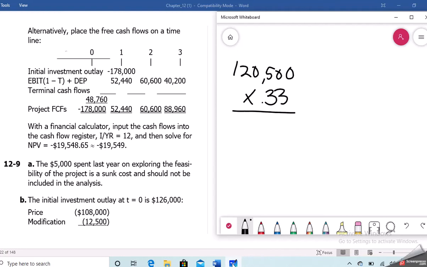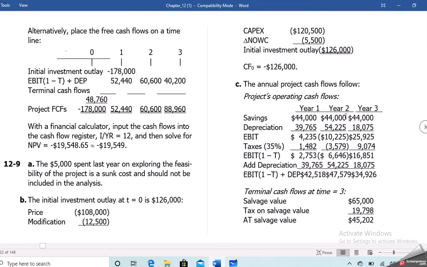That should give me my first depreciation amount, which is $39,765.